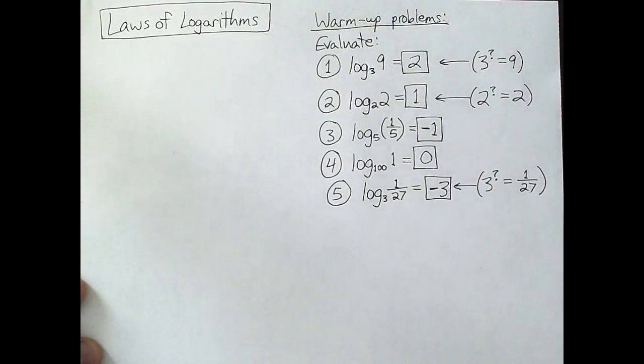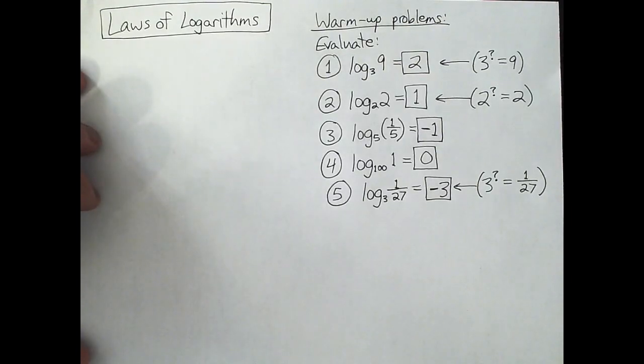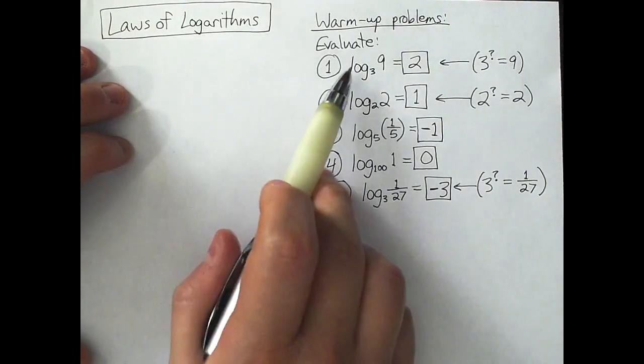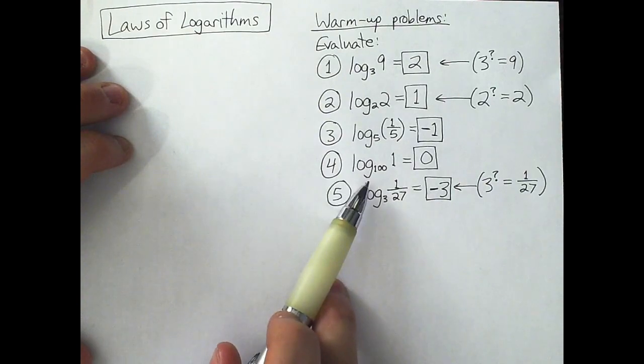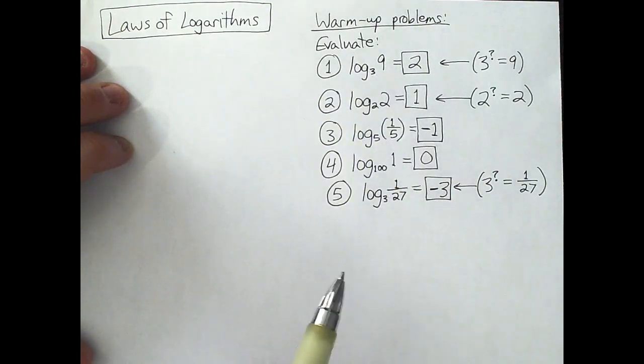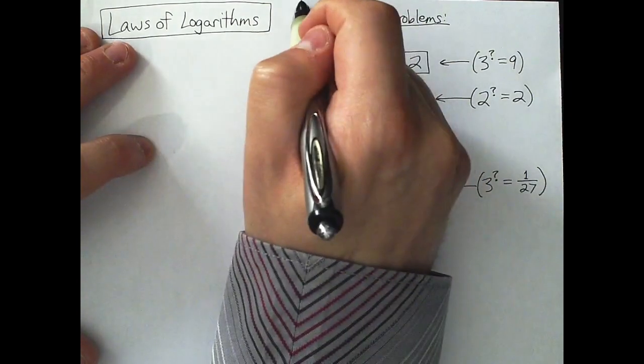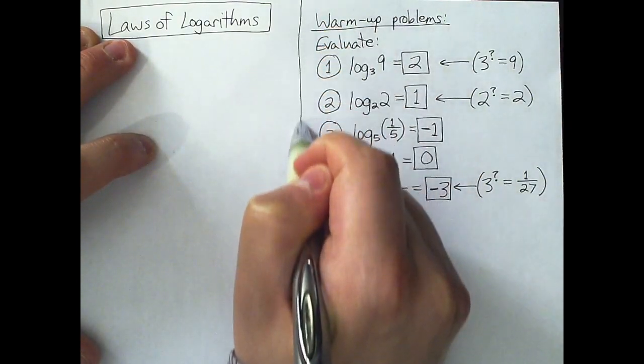So this is going to be -3. Okay, so hopefully problems like that are not too bad. We could come up with lots of different examples like this. So hopefully we can do those quickly.